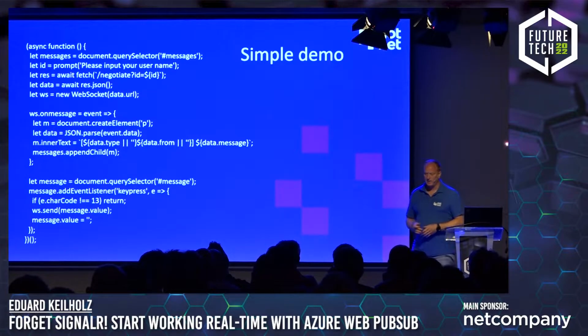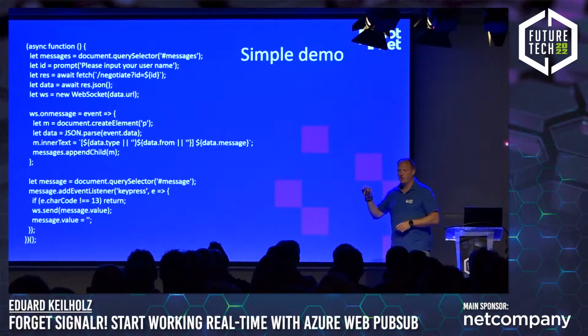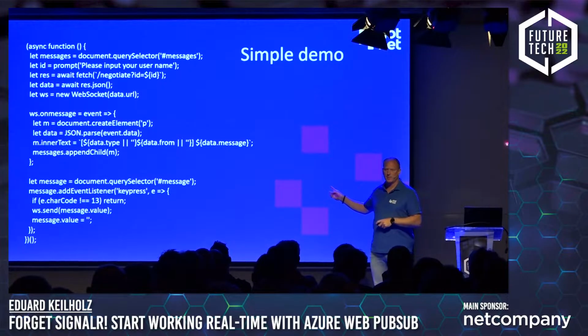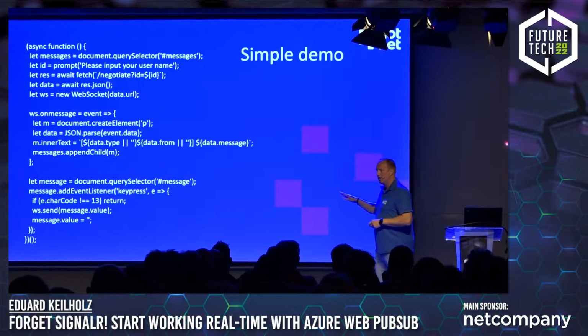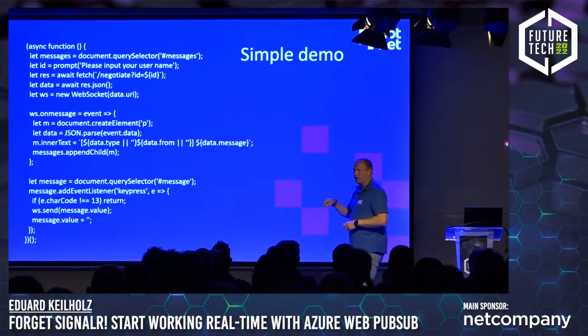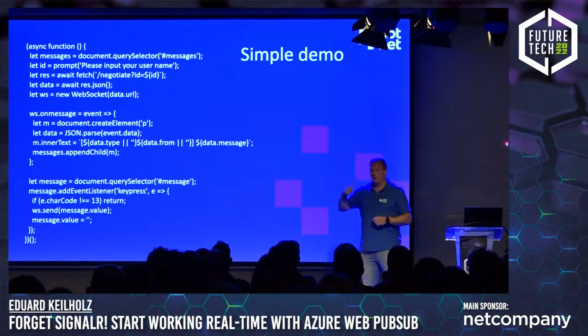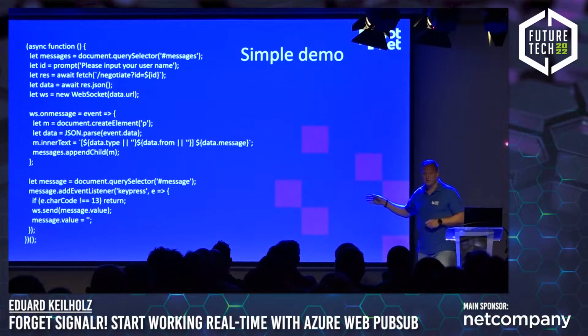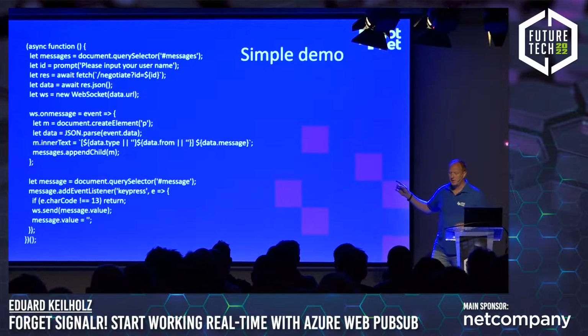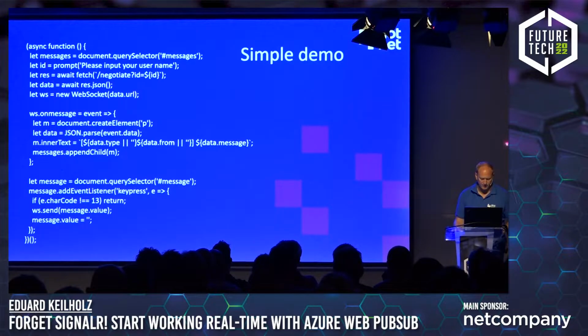What you can do is write a simple, small piece of code, and this is JavaScript. And this JavaScript is an entire chat room. So it's the most basic version. And if you use SignalR or if you use PubSub, you can use this very similar piece of code. And it will connect with PubSub, and it will create a chat application for you.